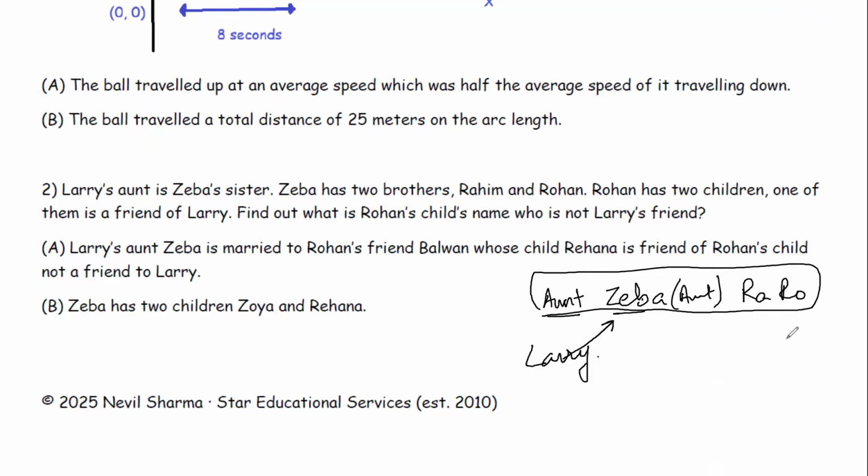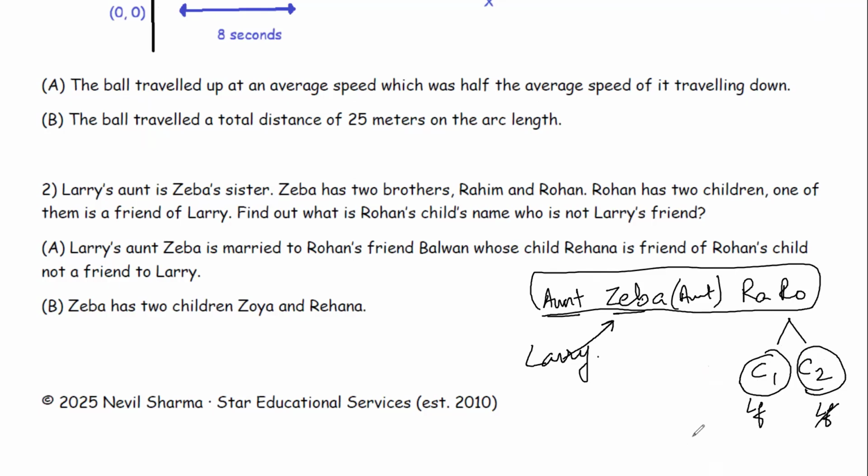Rohan has two children. One of them is a friend of Larry. Find out the name of Rohan's child who's not Larry's friend. So we assume that C1 is a friend of Larry, then clearly C2 is not a friend of Larry.